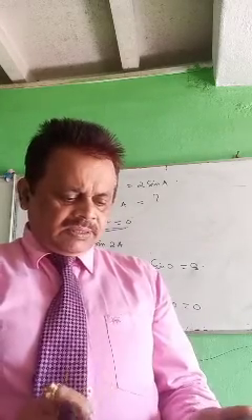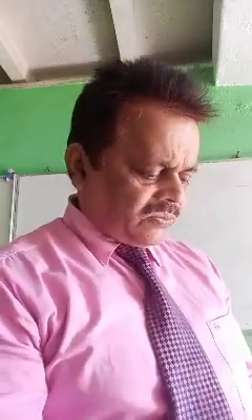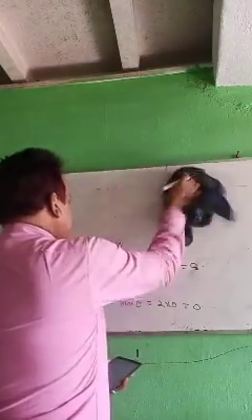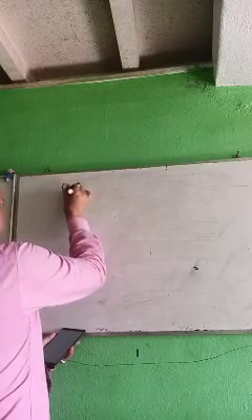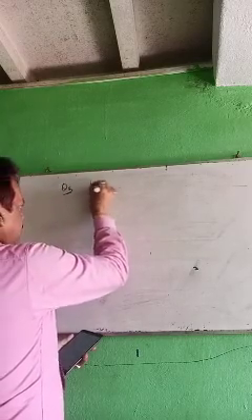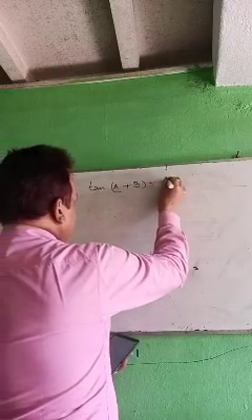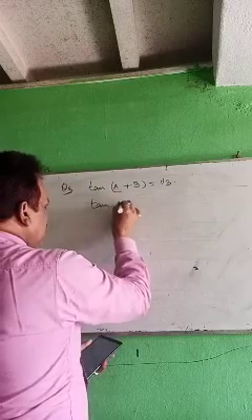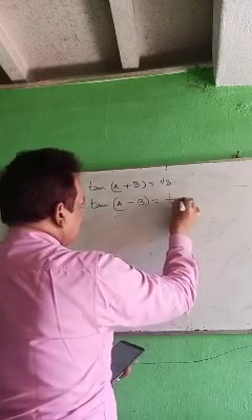Then question number 3. You see, tan(A plus B) is root 3, tan(A minus B) is 1 by root 3. Then find A and B. So question number 3, tan(A plus B) equals root 3, tan(A minus B) equals 1 by root 3.